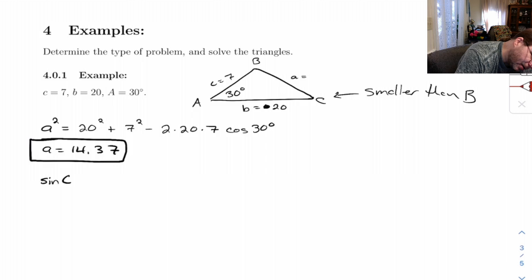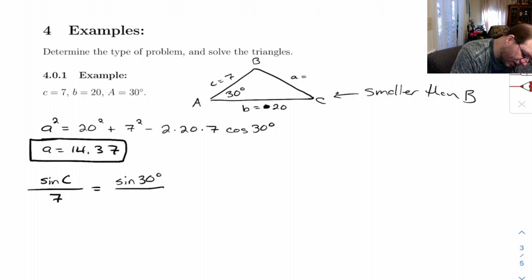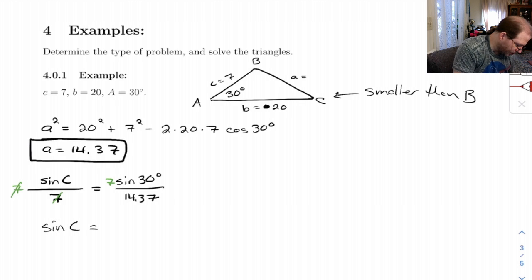So sine C over c is equal to, I've got to use a for this other one, sine A over a. What is a? 14.37. So I'm going to multiply both sides of this by 7. And I'm left with sine C is 7 sine 30 divided by 14.37.